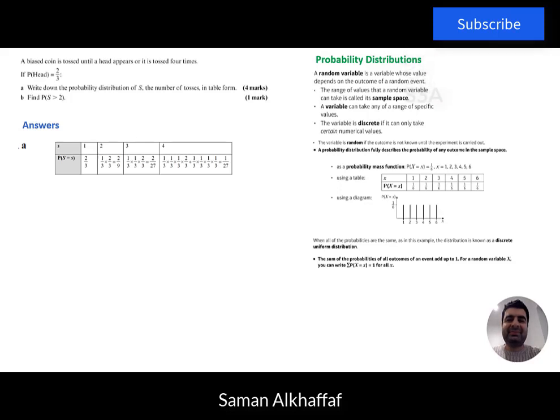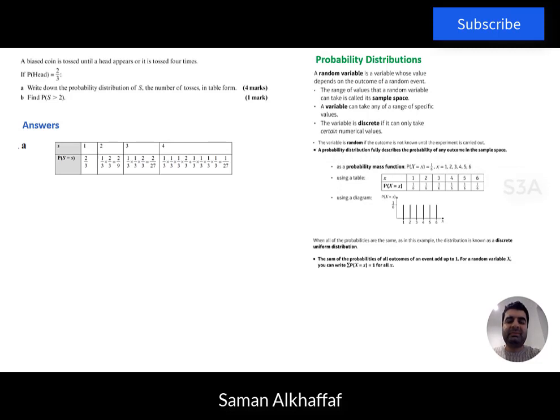For 4 we would have a third multiplied by a third multiplied by a third, multiplied by 2/3, plus another third multiplied by 3 other thirds, so that would give us approximately 1/27. These values are extracted from the number of tosses, 4 times or 3 times, multiplied by the factor of 2/3.